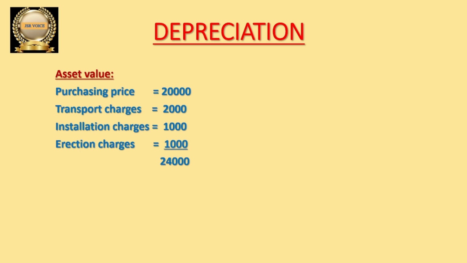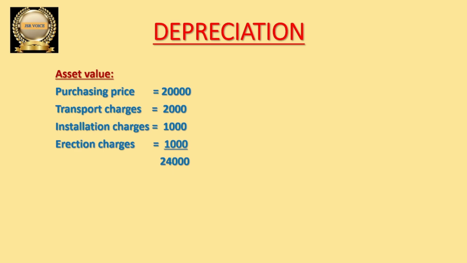And students may get a doubt. Suppose in the problem they did not give all 4, only 2 are given. You add those 2 and don't add the remaining ones that are not given. Then you will get the asset value. If only the purchasing price is given, take the purchasing price and don't take the remaining 3. But if they have given all in the question, you should take all 4 and add them; only then will you get the correct asset value.